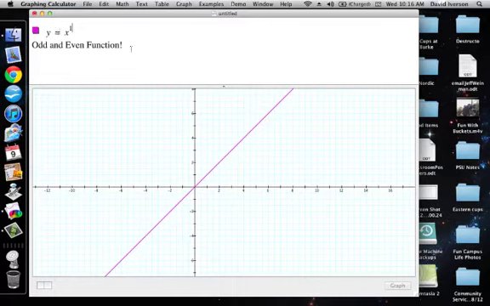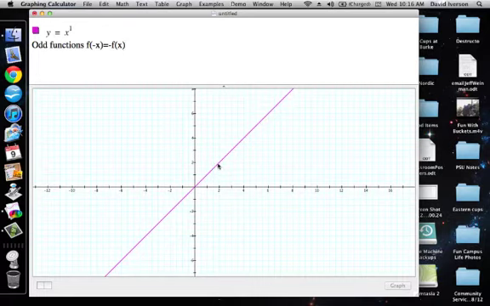What makes an odd function is that f of negative x is equal to negative f of positive x. That's true for odd functions.